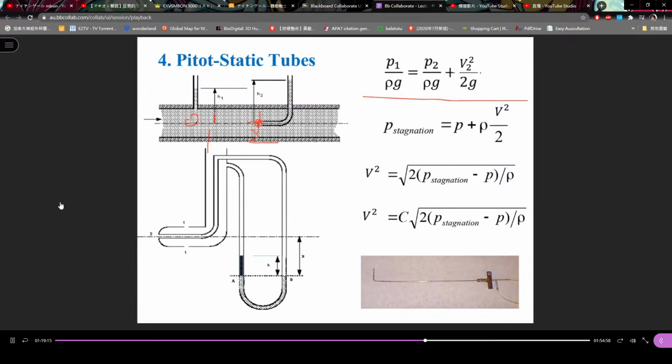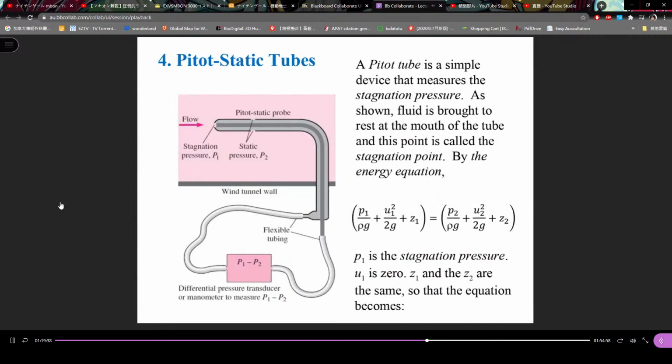U1, something is wrong here. This should be P1. Which one is P1? This is P1. This is 2. And stagnation pressure is equal to... Let's see. I think something may be wrong here.